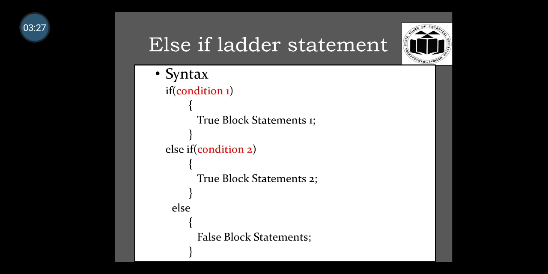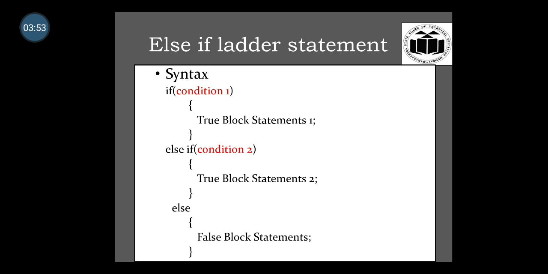If that condition is true, then true block statement 2 gets executed. If condition 1 is true, then the other statements will not be checked. That is very critical. If condition 1 is true, then condition 2 is not checked. If condition 1 is false, then only condition 2 is checked.